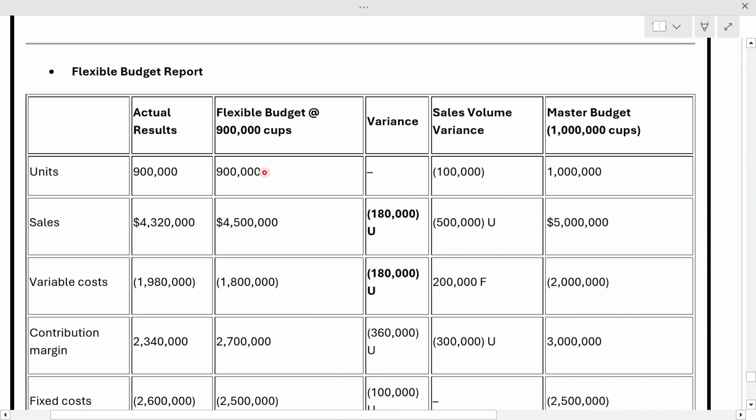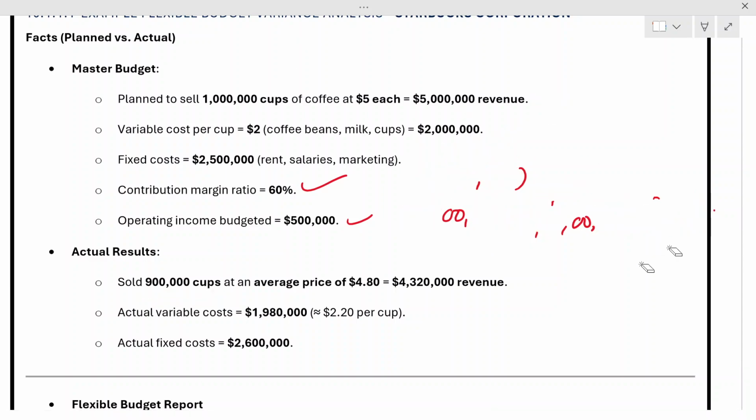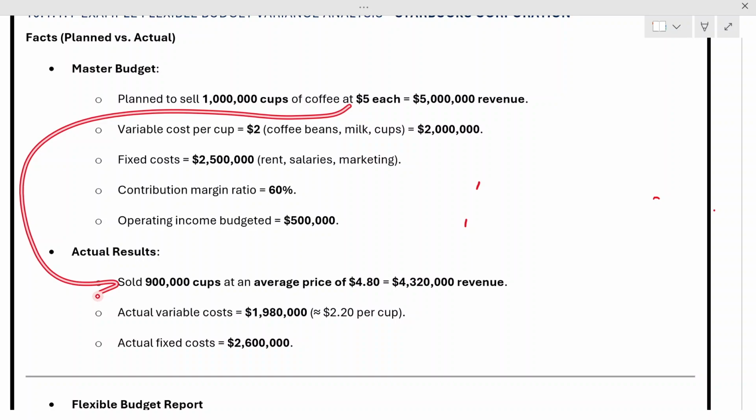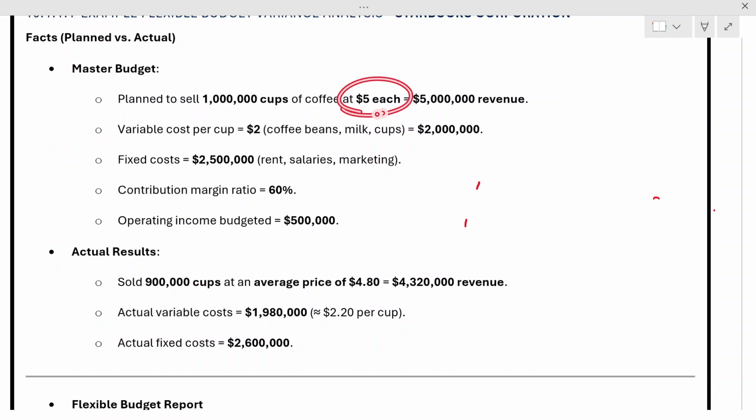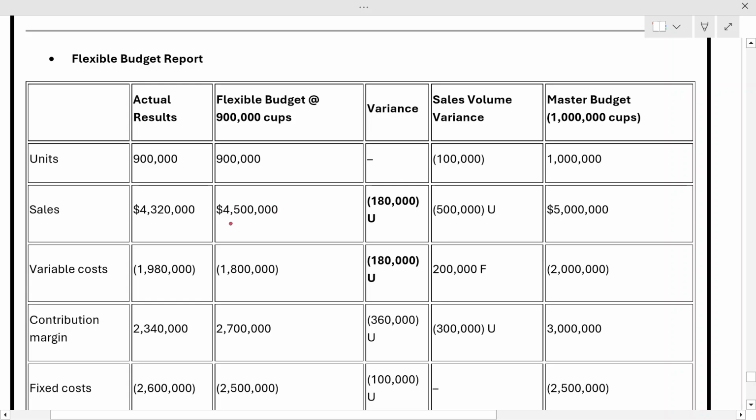So, what we can say is that for 900,000 units, that sale value would have been, now I am saying would have been, because these are 900,000 cups, not dollars, and if we sell them, then the selling price for them would have been $5 each. So, if the price would have been $5, then what would have been the total sales value? This is giving us 900,000 multiplied by $5, which was in our planning.